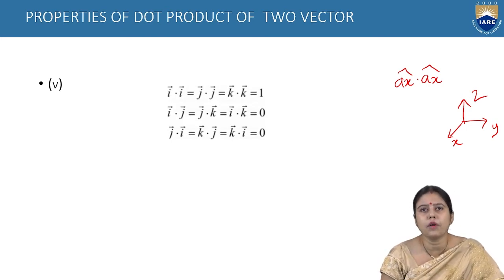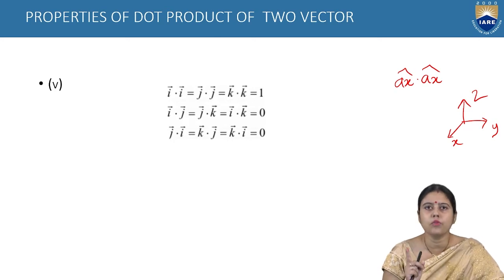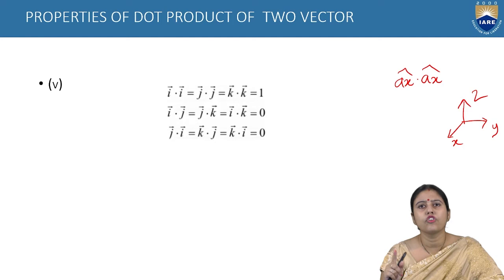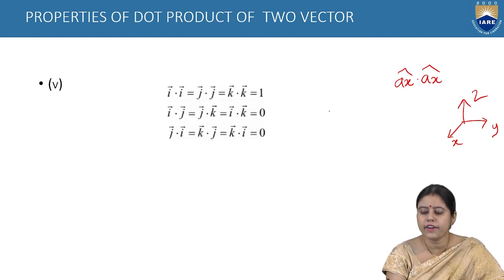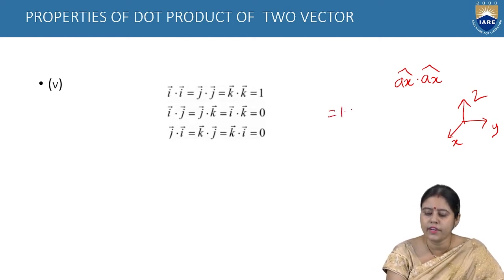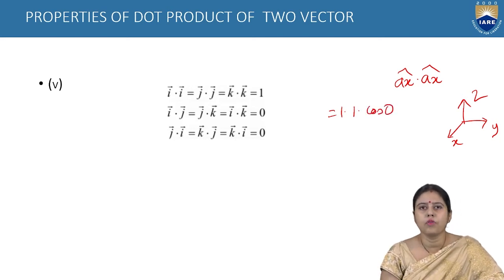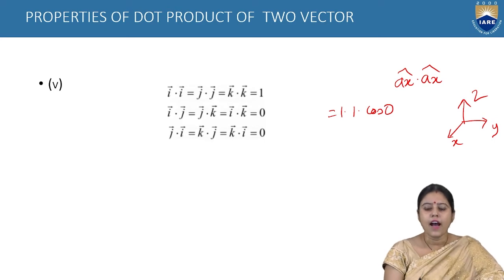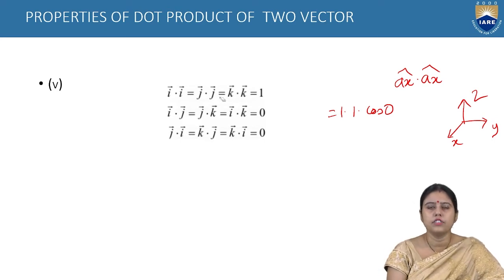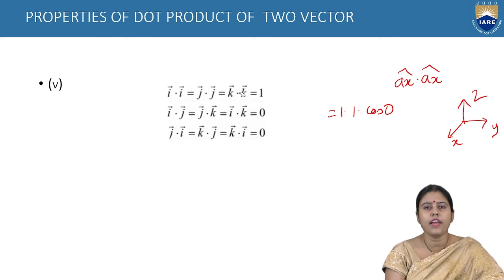What is the magnitude of a unit vector? It is 1. So 1 dot 1 cos 0. Cos 0 is also 1. So we can write I dot I is equal to J dot J is equal to K dot K equals 1.